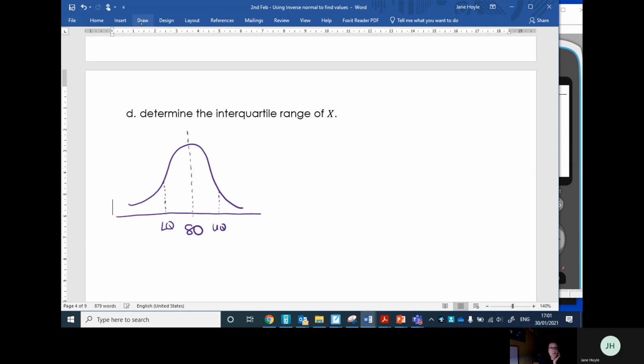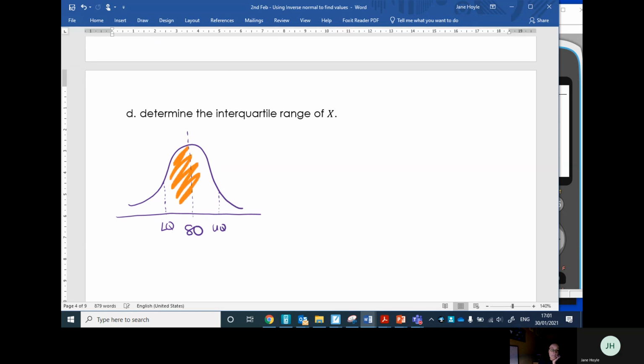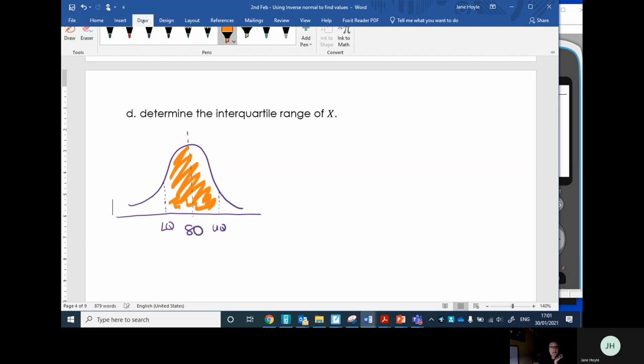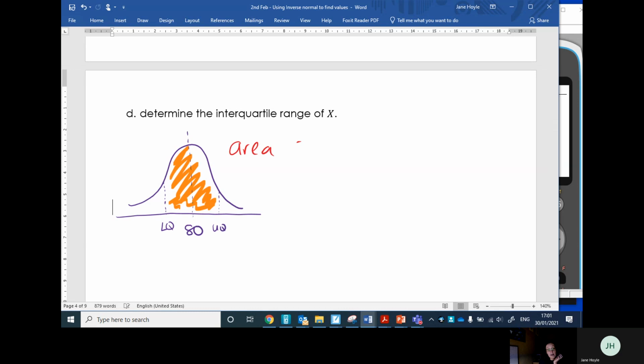I know that that area in between has got to be equal to 50%. So that area is 50%, or 0.5, and of course it's symmetrical. We know that the lower quartile and the upper quartile are symmetrical about the mean.